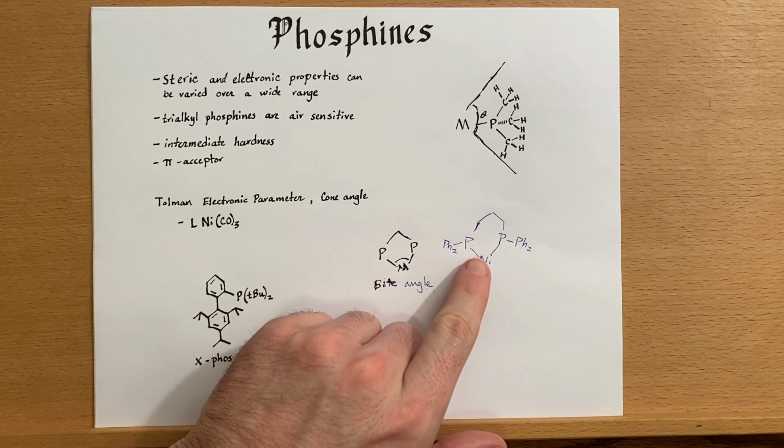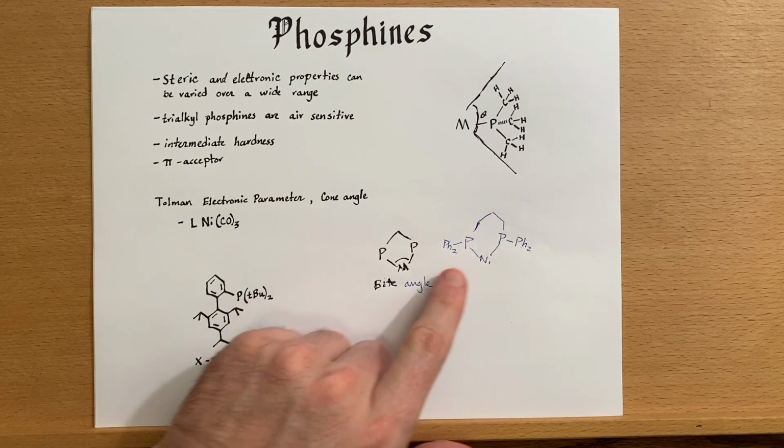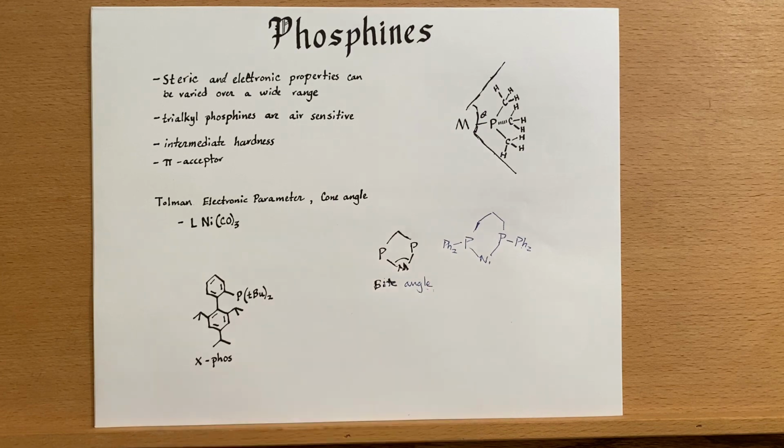And you can see here, this bite angle is a little bit larger than if we just had 1 carbon in the middle. And that's the main point behind that part. So, phosphine ligands are common, and we're able to vary lots of their properties to modify the resulting chemistry that comes from that.